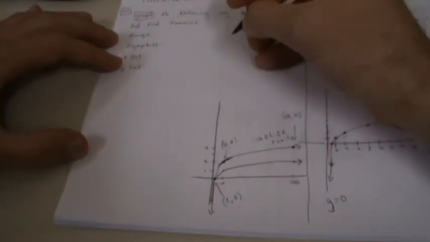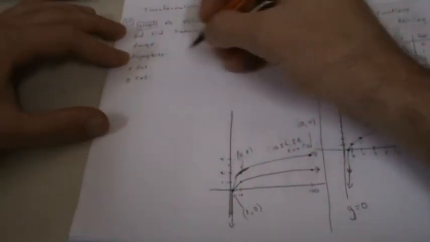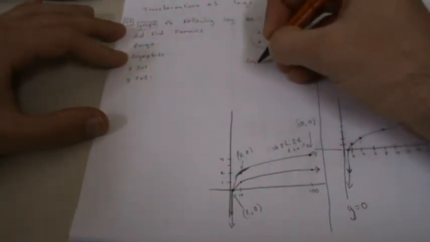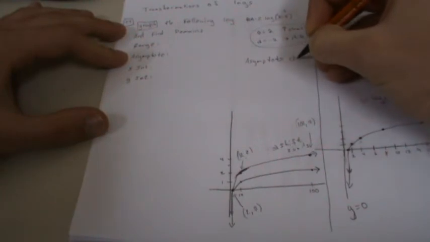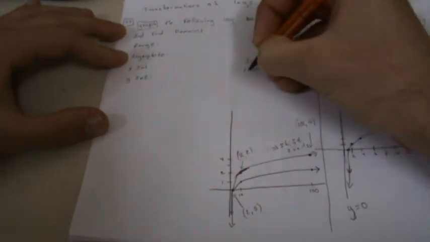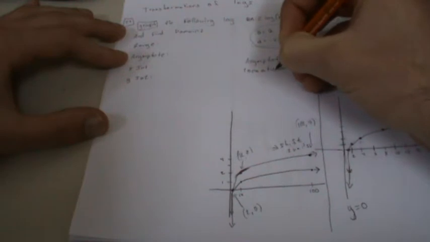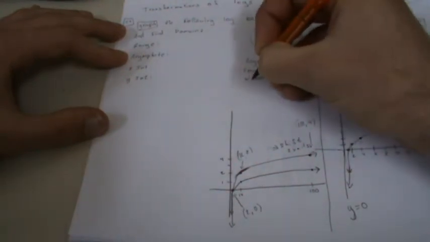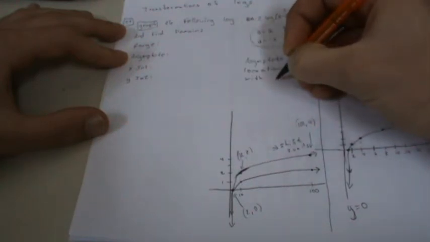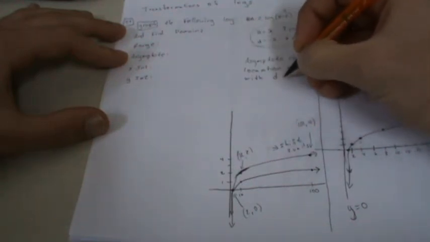So something for you to notice here is asymptotes change location only with the addition of a d value.